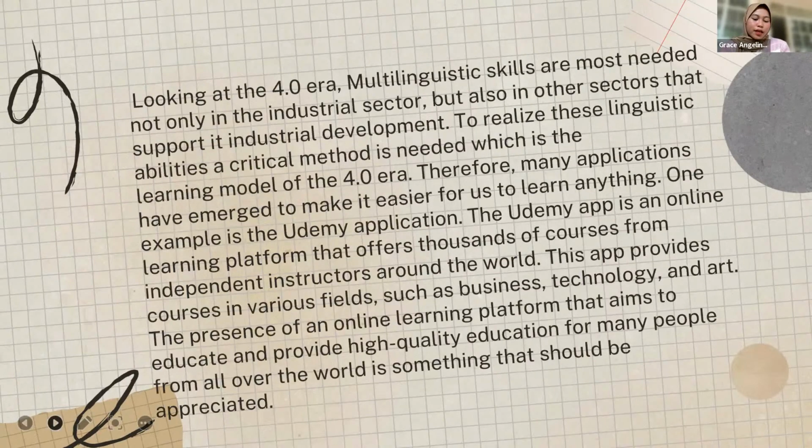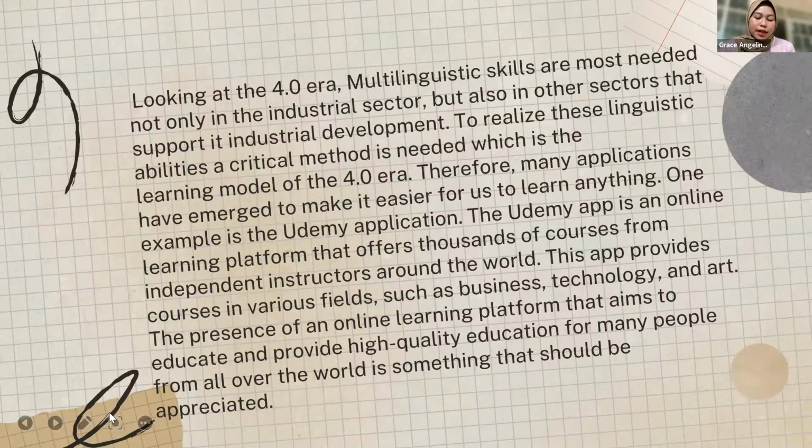And looking at the 4.0 era, multilinguistic skills are most needed, not only in the industrial sector. The importance of English as a communication bridge in the 4.0 era is because basically English is an international language used by almost all countries in the world.